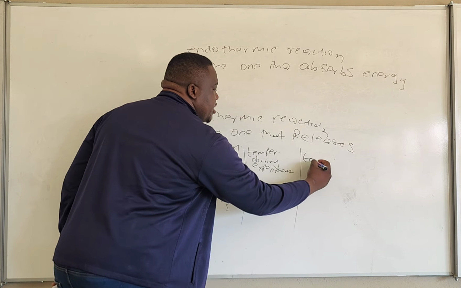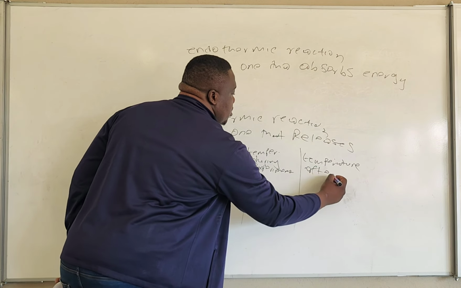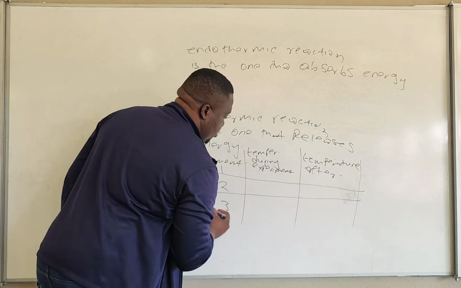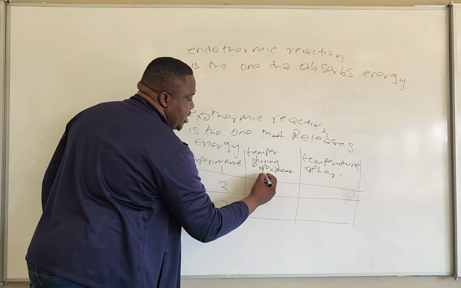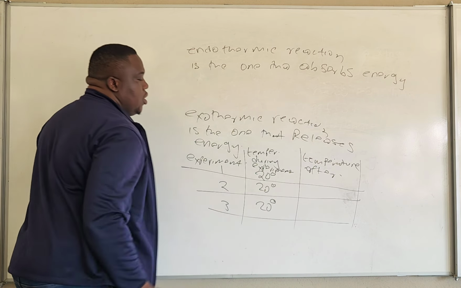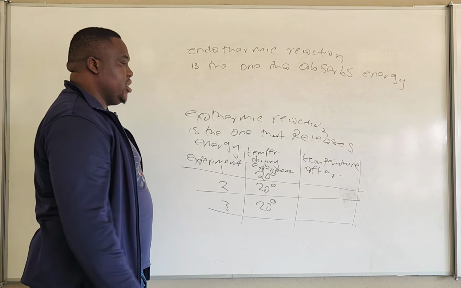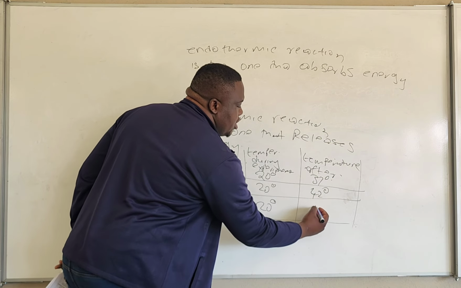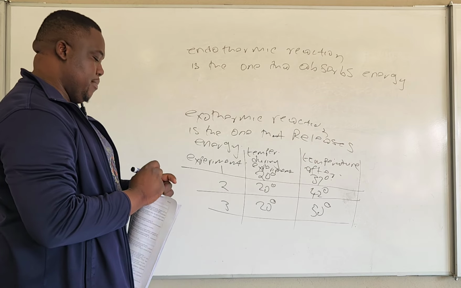Then temperature after. Look what we have for experiment 1, experiment 2, experiment 3. The temperature during experiment, we perform this experiment at the same temperature, 20 degrees. All the three experiments, we perform them at 20 degrees. But after the reaction, we find here we have 37 degrees, here we have 42 degrees, here we have 50 degrees. Let us check what happened.